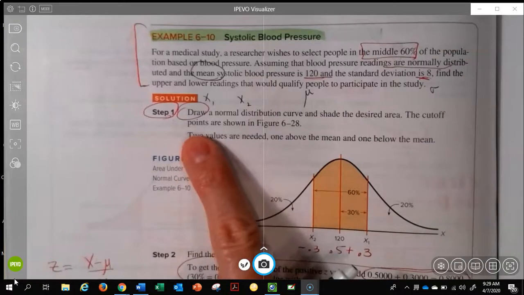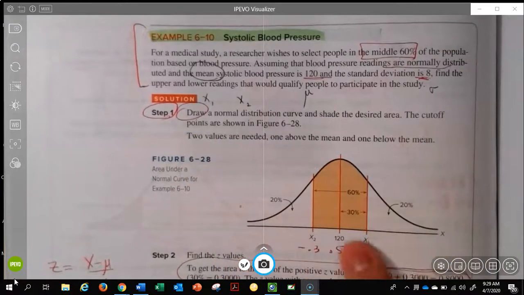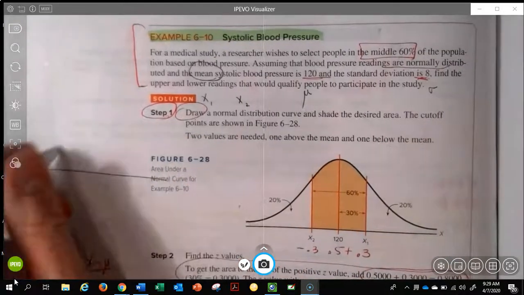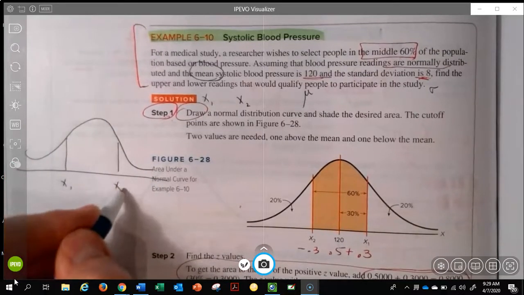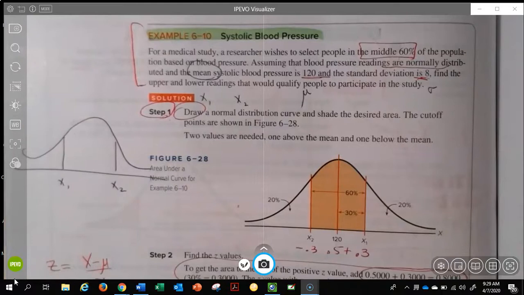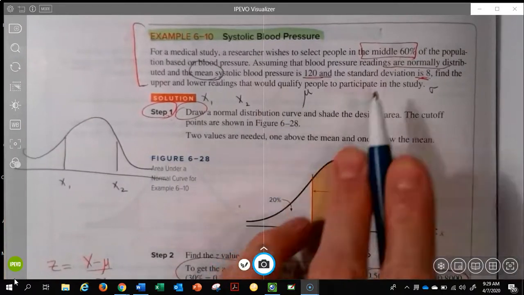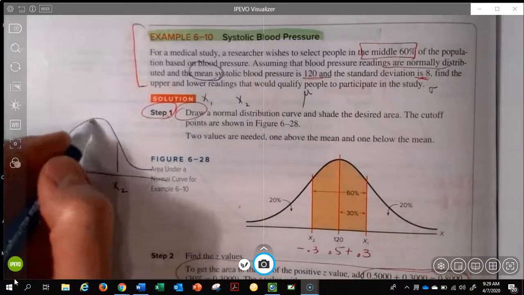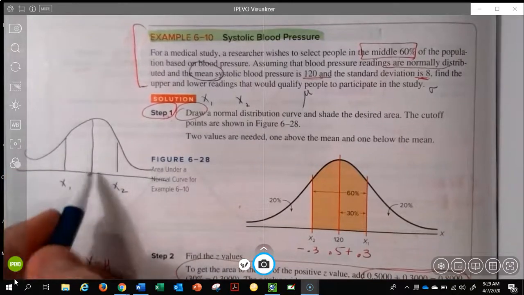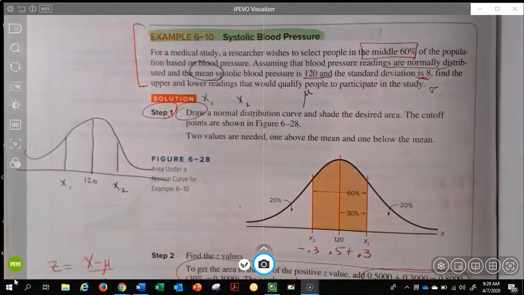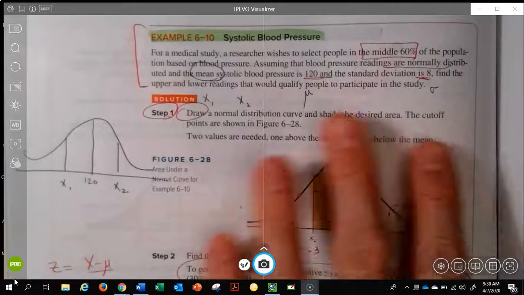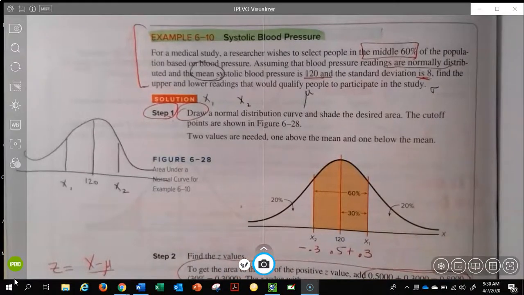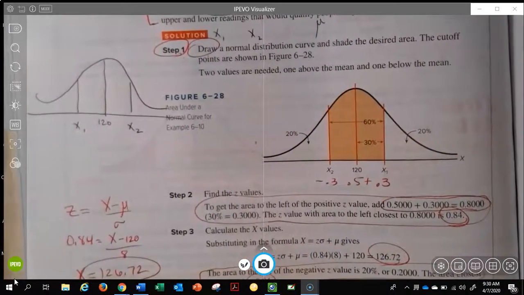It says draw. And so when we go to draw, we are looking for some x value at the bottom and some x value at the top. When it says it's in the middle 60%, our mean is somewhere here in the middle, which is the 120. It says find the values, and so we're going to have to do some calculations.